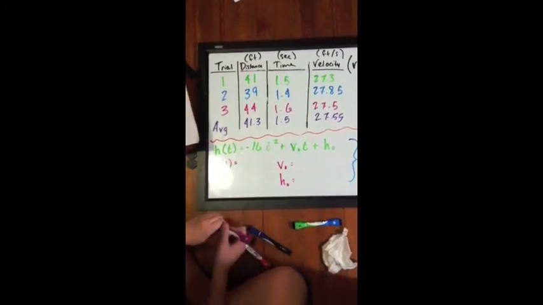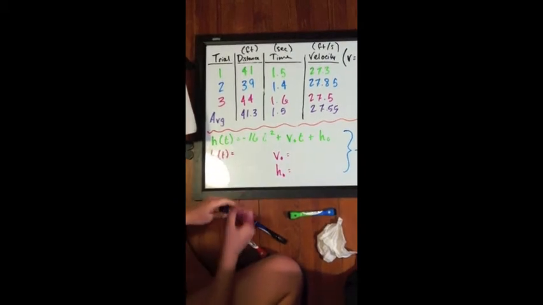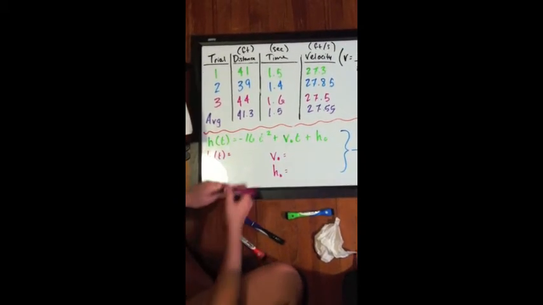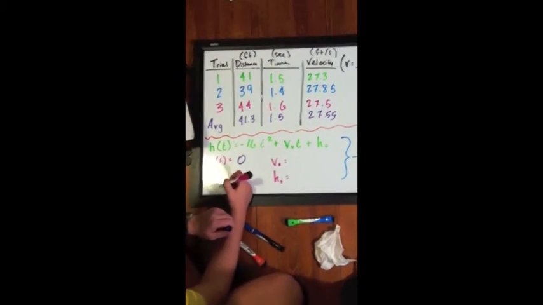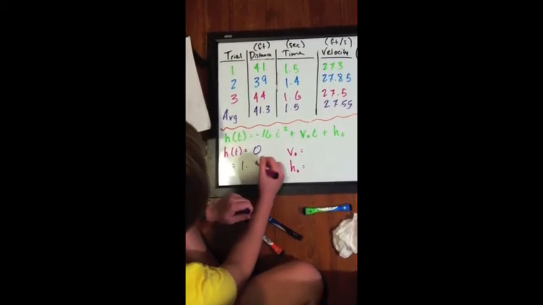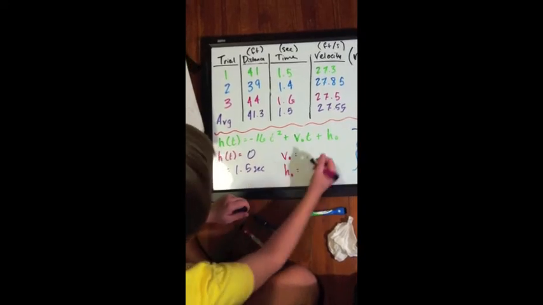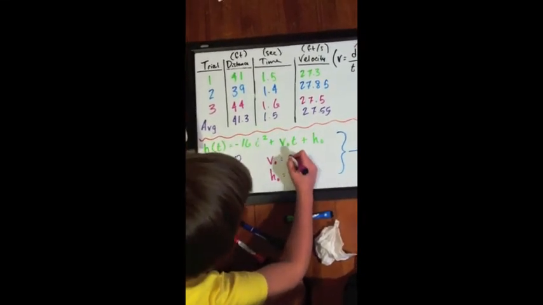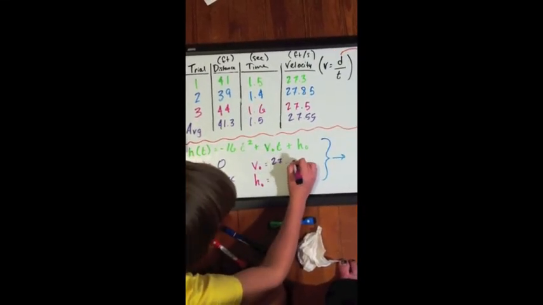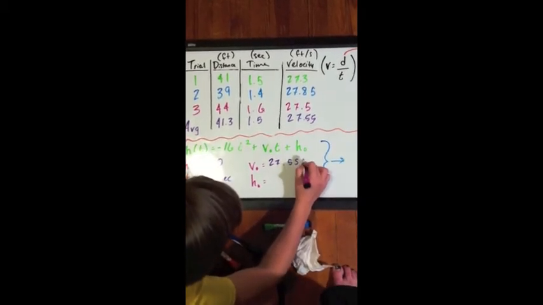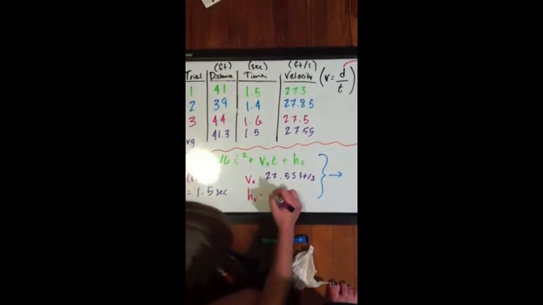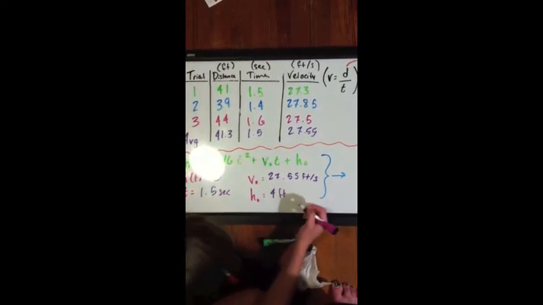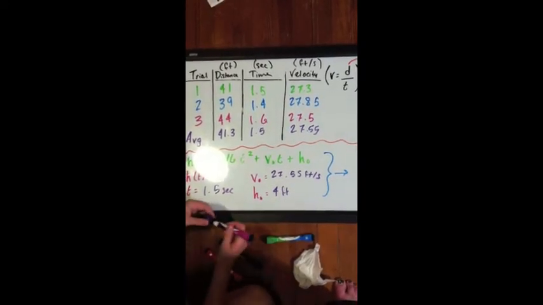So, plugging those into our h of t equation, we get the height after a given time is 0, t time equals 1.5 seconds, our initial velocity is 27.55 feet per second, and our initial height is 4 feet, the height that I shot the airsoft gun from.